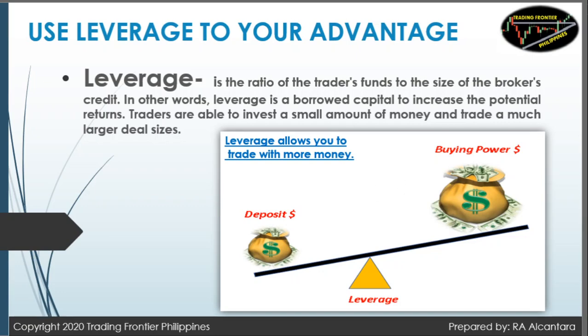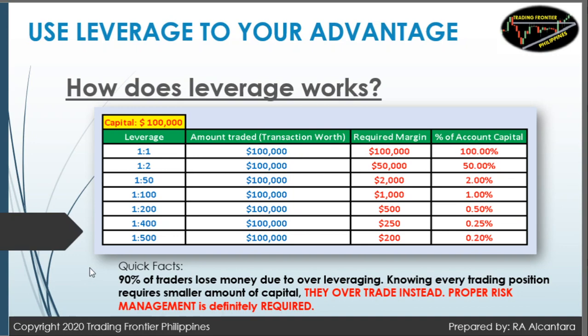So that being said, how does leverage really work? If you can see this table, for example, you have a capital of $100,000. If you can relate to what this table really implies, we have several options of leverage here, normally being offered by the broker. So we have 1 is to 1, 1 is to 2, 1 is to 50, 1 is to 100, 1 is to 200, 1 is to 400, and 1 is to 500.